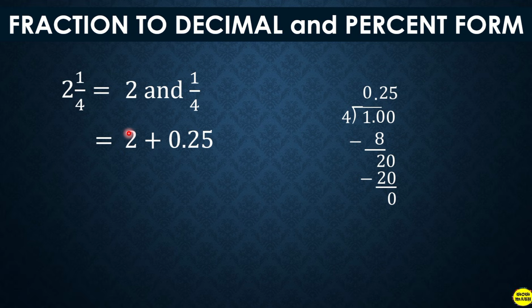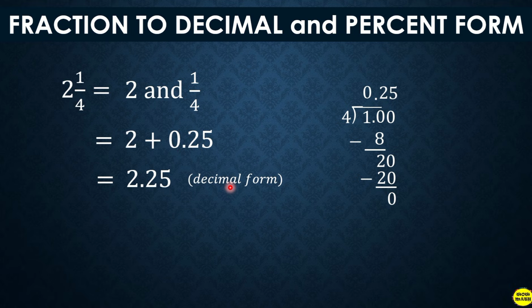So, we will have 2 plus 0.25. Okay? So, yung 2 mo, and then yung 1/4 natin, which is equivalent to 0.25. So, therefore, we will have 2.25. Okay? So, 2 and 1/4 is equivalent to 2.25 in decimal form.